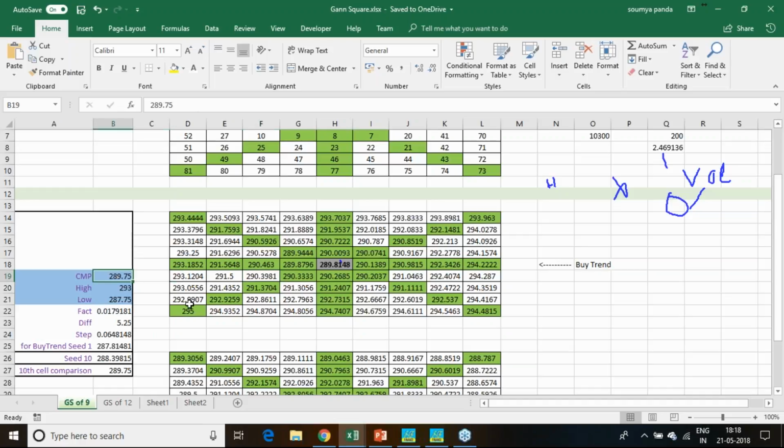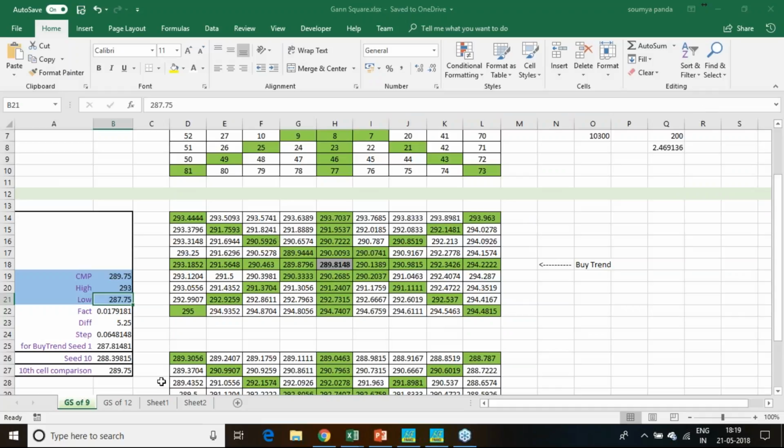So for the current price, I am taking high and low. My main job is to identify the best price which I can consider as a seed and construct the wheel this way. So I am comparing it with the 10th cell value, which is one of the parameters, and reforming that way. This changes without changing the step calculation, without changing the basic fact about the Square of 9 principle.